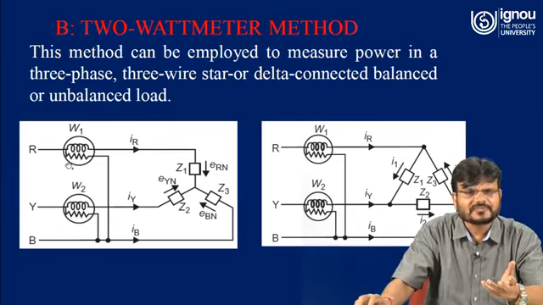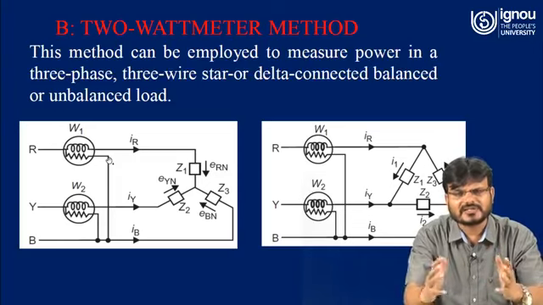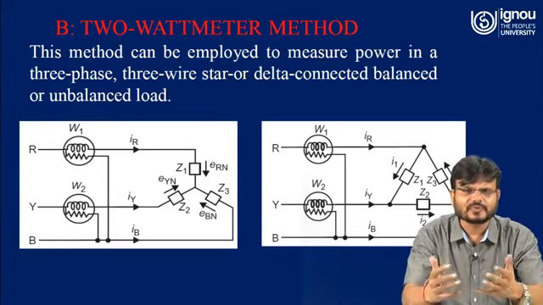Here W1 is connected between the R phase and B phase, and W2, the second wattmeter, is connected between the Y phase and B phase. So you can say that the B phase is common to both W1 and W2. Now, whatever power is measured with the help of W1 can be calculated, because as I told you, power is nothing but the product of voltage and current.